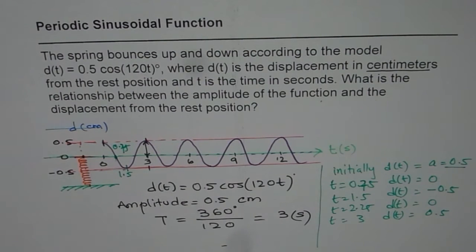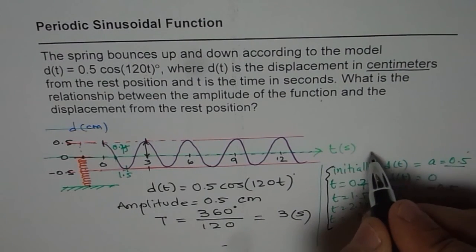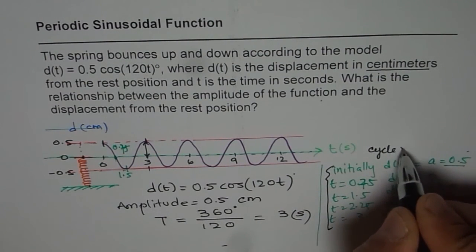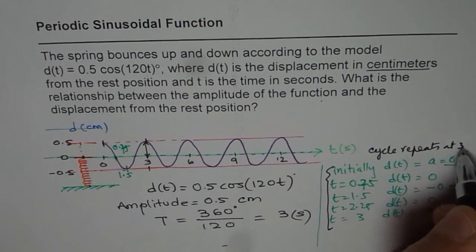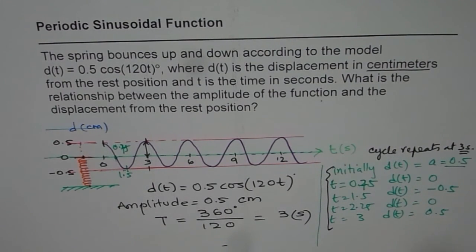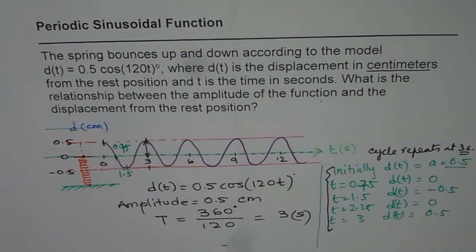Do you understand? This is one cycle, so this cycle repeats after 3 seconds, correct? That's why we are saying this is a periodic wave where the whole cycle repeats after 3 seconds. I hope you got the idea and you can explain it better.